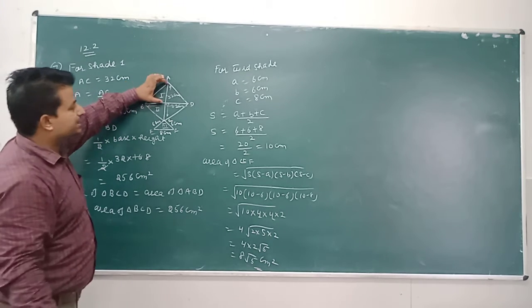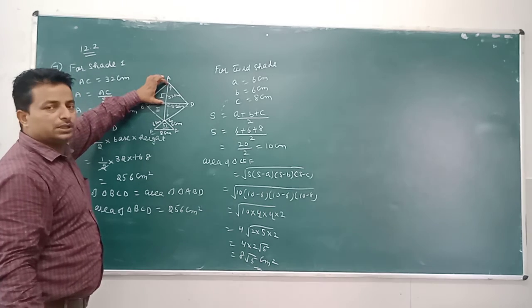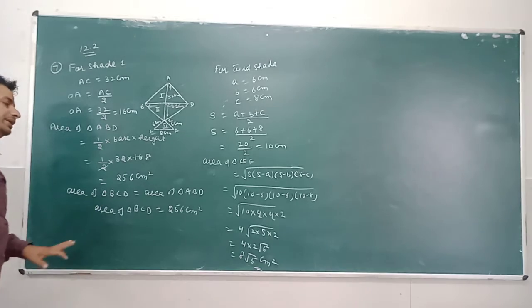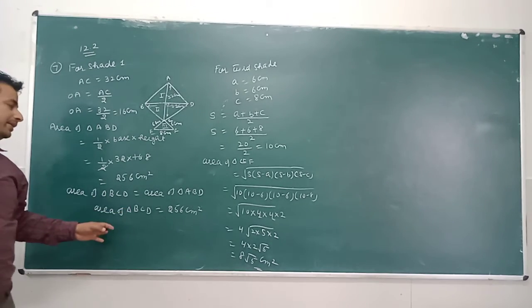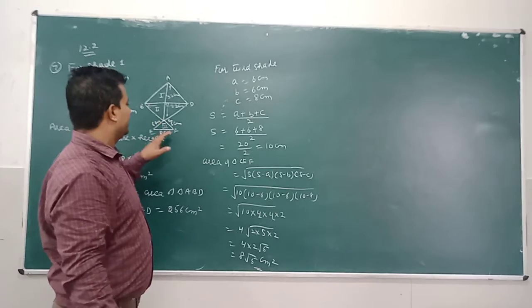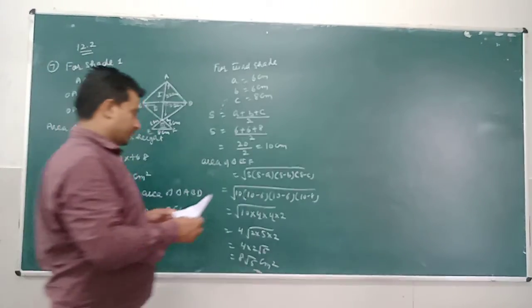With base 32 and height 16, the area is 256, and the second triangle's area is the same. For the third shade we have a triangle of different size, so here we use Heron's formula.